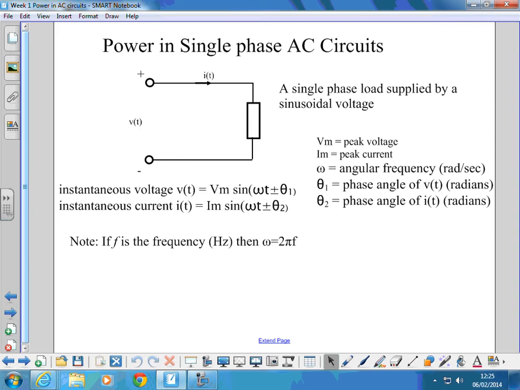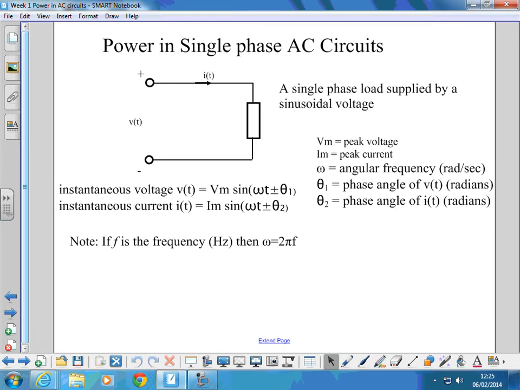And we could calculate the instantaneous voltage at any time with the formula Vm, the maximum or peak voltage, multiplied by the sine of omega t plus or minus any phase angle. And we could do the same with the current.